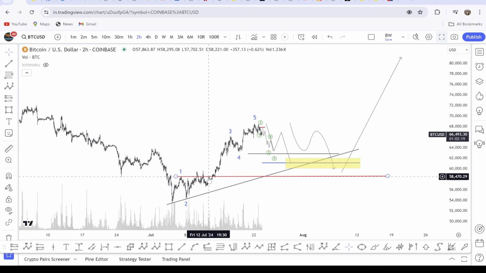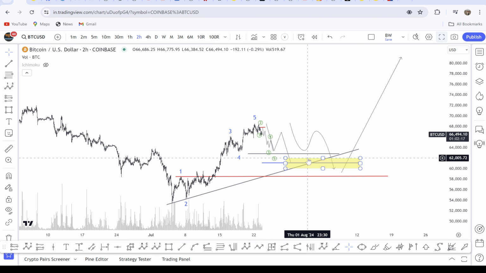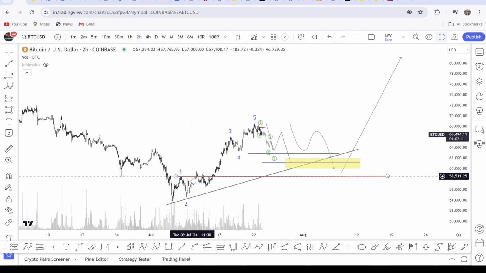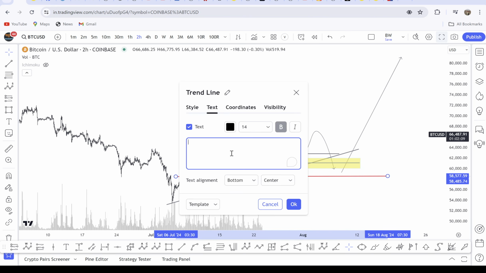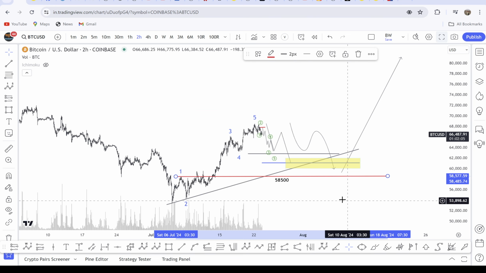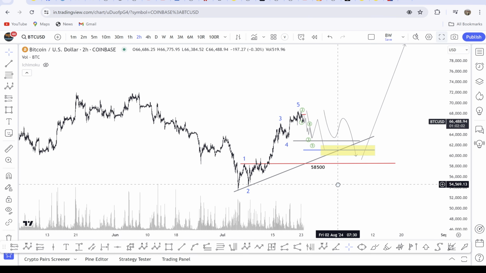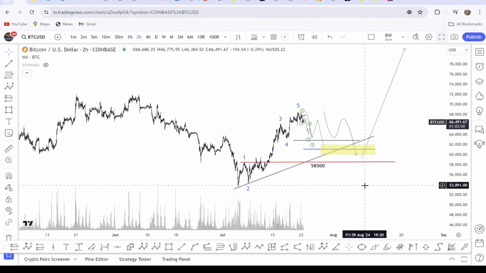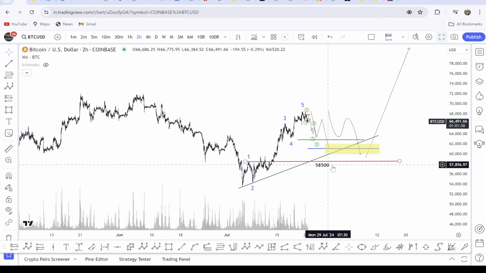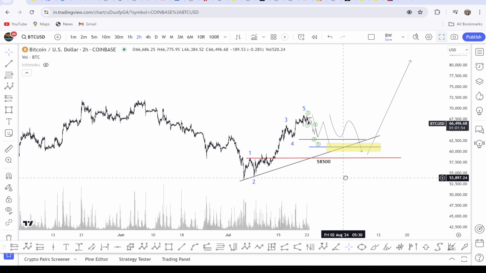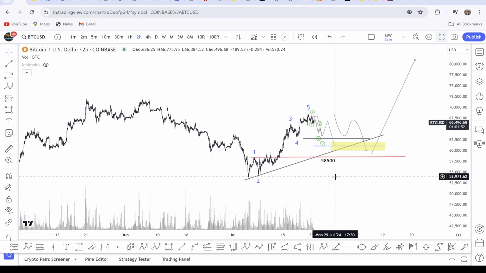If you enter between 62 to 60,000, your SL should be below 58,500. So this is the level for long, 58,500. Any price close below 58,500, then you should not be on the long side.